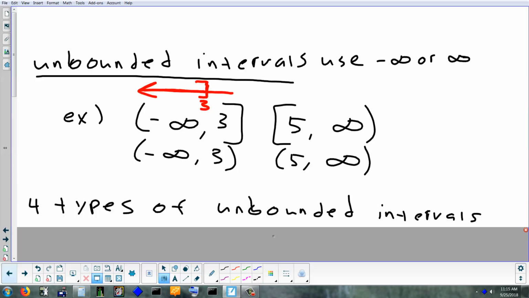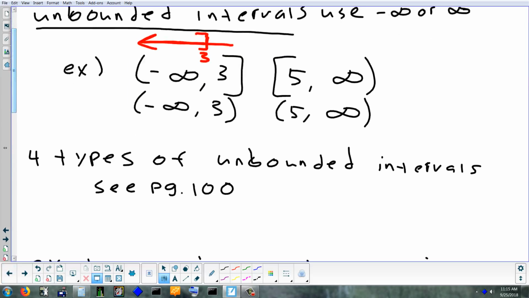That's what that one is saying. This one is saying x is greater than or equal to 5. So just be comfortable with all 3 ways of writing: x is less than or equal to 3, the number line, or the interval notation, which is in black. If you want to see pictures of all 4 of those, not just the first one, page 100 has pictures of all 4.